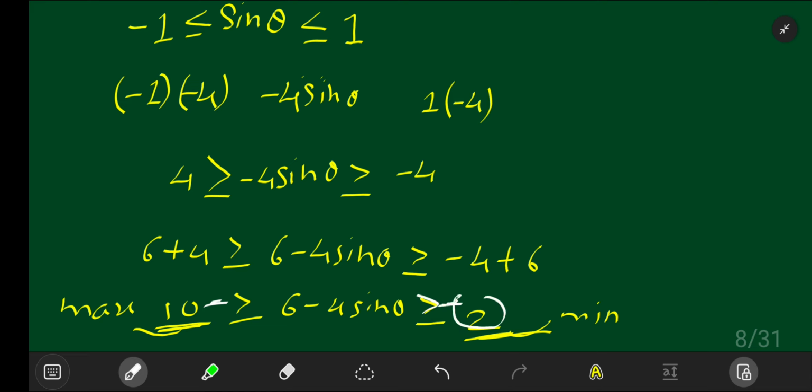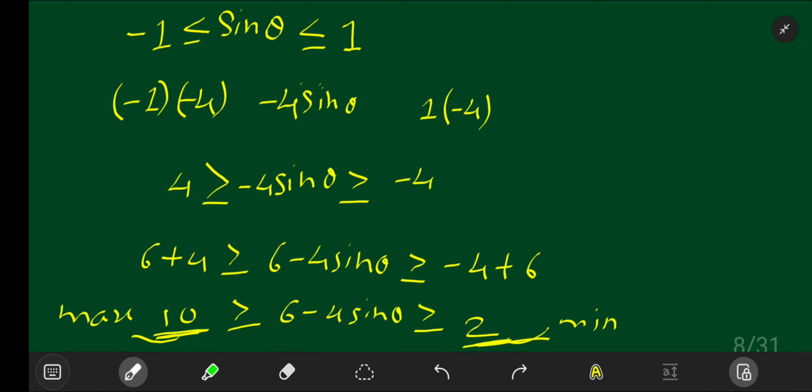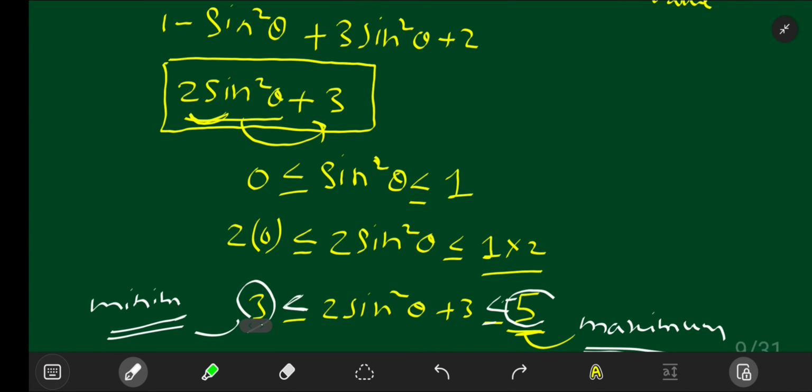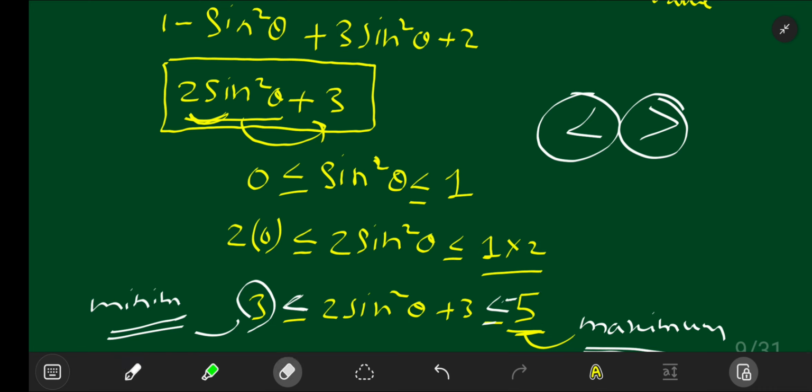Don't confuse with less than and greater than. If you know the meaning of less than and greater than, you will definitely know this. I think a few people understood, and for those who did not, this is the trick.